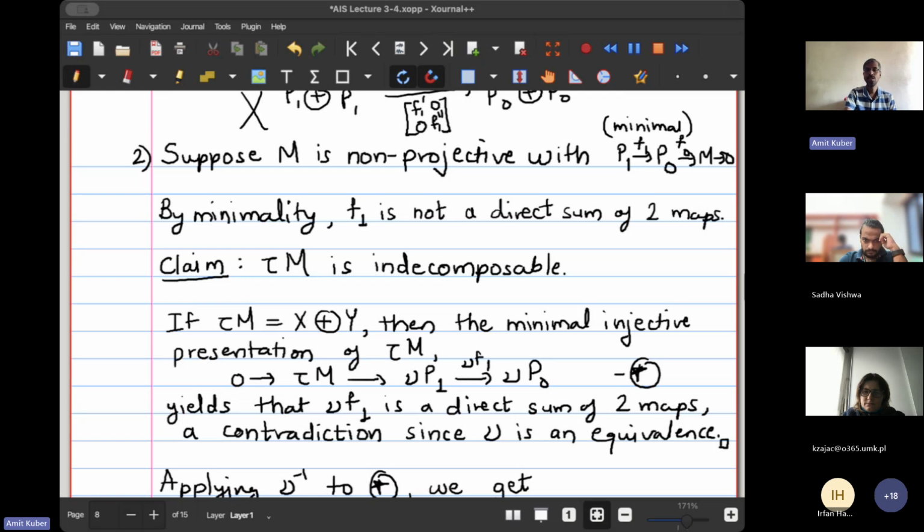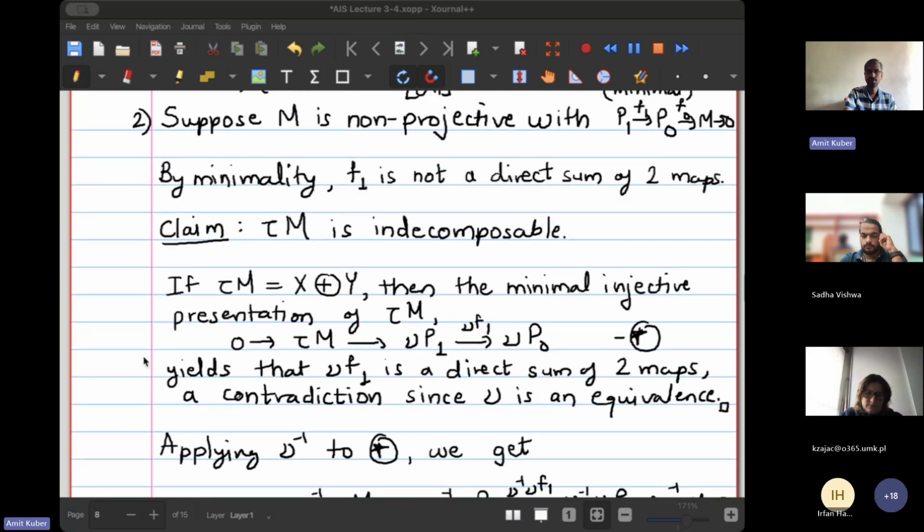Star is definitely an injective presentation of tau M. But why is it minimal? Minimality of the projective presentation is the reason why this is also minimal. So nothing changes really over here as well. Yeah, the same argument works.